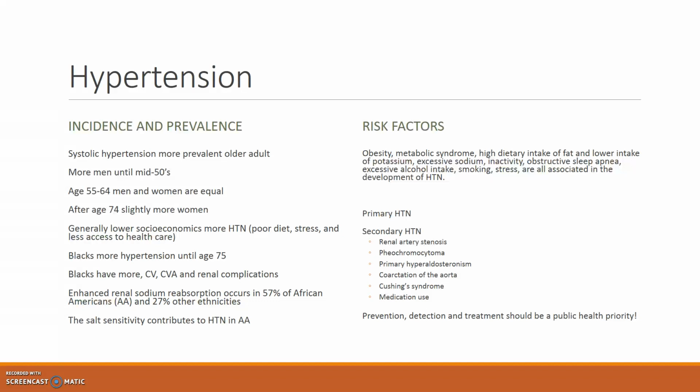Enhanced renal sodium reabsorption occurs in about 57% of African Americans, as compared to 27% of other ethnicities. And so we really believe it's that salt sensitivity that does contribute to a higher degree of hypertension in African Americans. But that certainly wouldn't be the only reason. And I think that there's a lot left to be discovered about that.